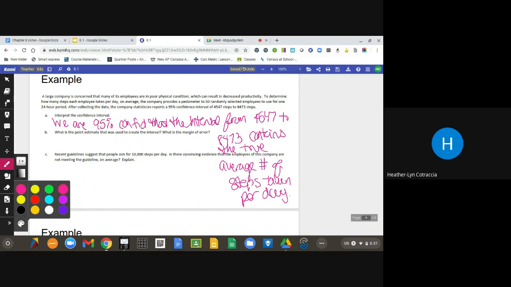Okay, we are 95% confident that the interval from blank to blank, 4,547 to 8,473, contains the true average number of steps taken per day. So that is the confidence interval interpretation. Again, I just copied the words from the previous page, threw in the numbers, and threw in the context.